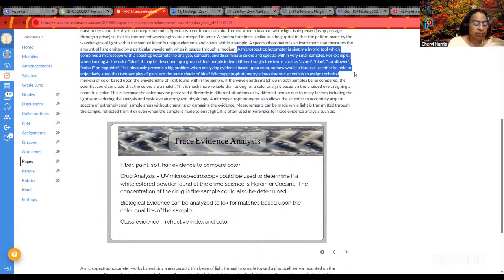So like it says here, it might be important to get the exact shade of a paint, to know where it came from, this car or that wall or another wall. This is what you would use this microscope for.